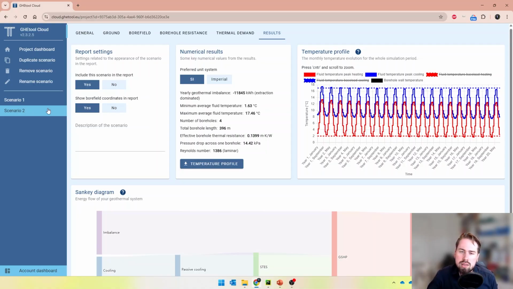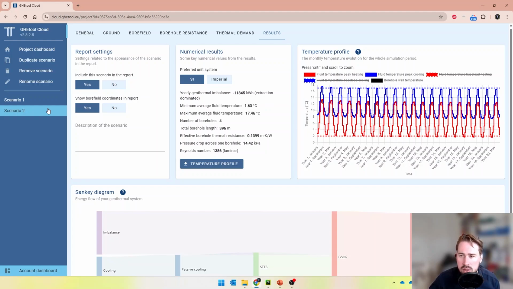And this stresses the importance of calculating your effective borehole thermal resistance. Because if your measurement is not under the same conditions as your borefield will be constructed in practice, you can have quite a lot of difference between your simulation and your reality. So that's always important with your TRT test.